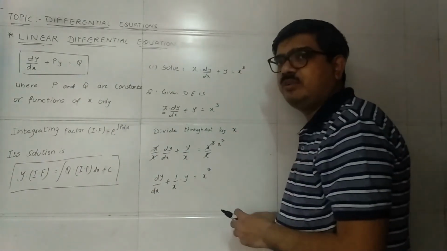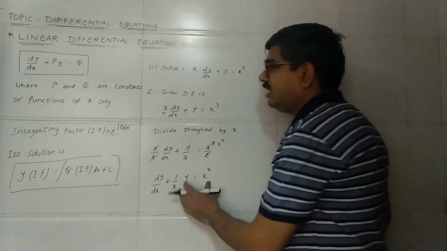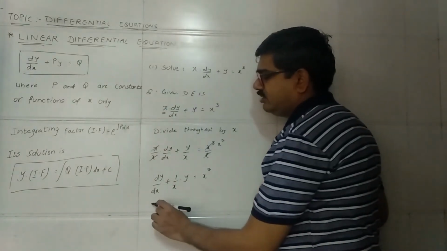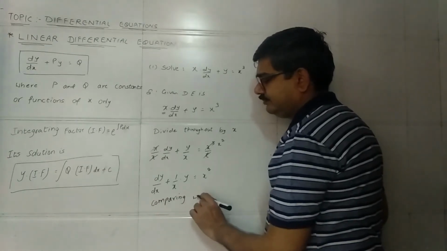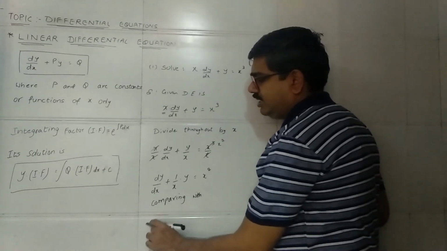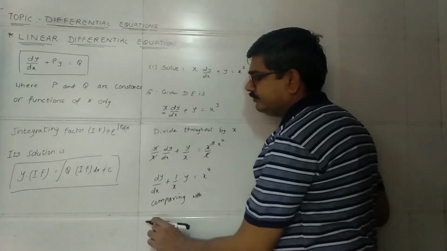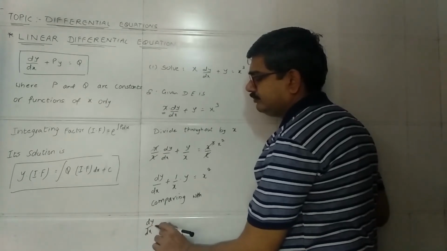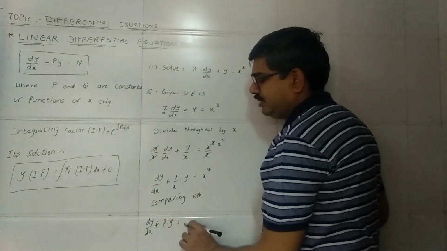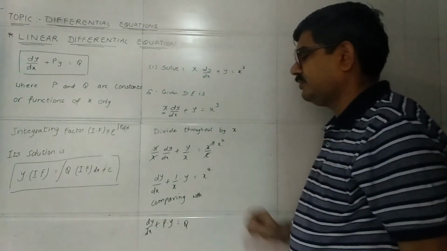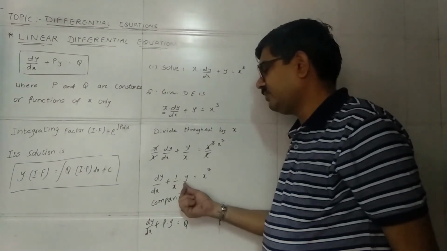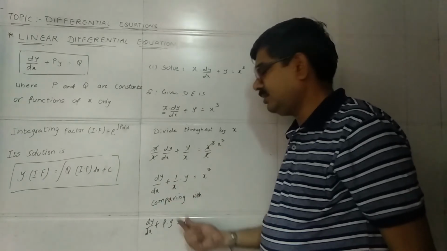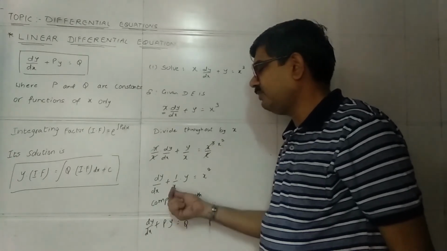Now after reducing to a linear differential equation, we have to compare this with the format dy by dx plus p into y is equal to q. Comparing this with this, the first term is the same. In the second term, with y, 1 upon x is there, and with y, p is there, so the value of p will be 1 upon x.